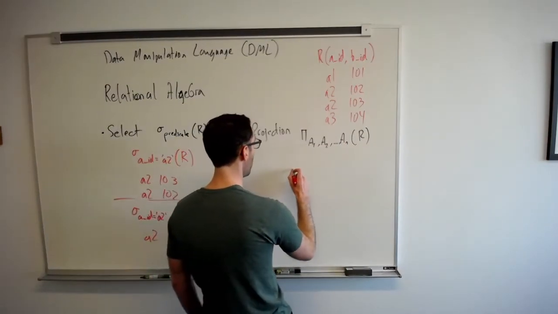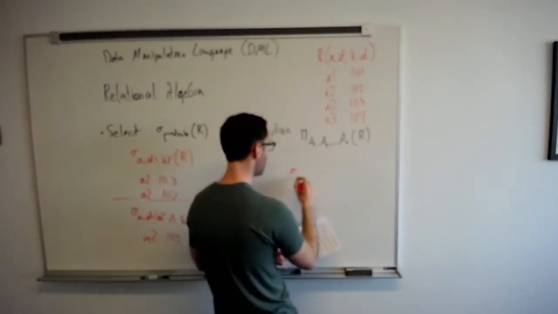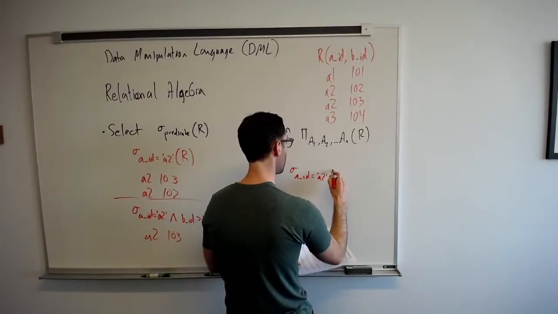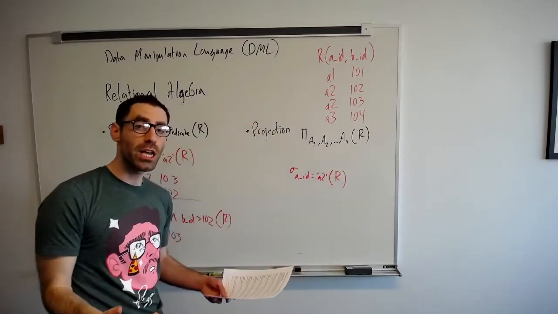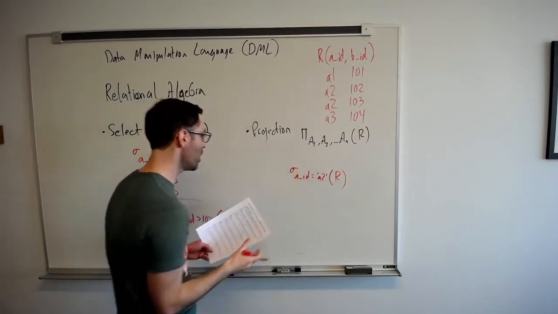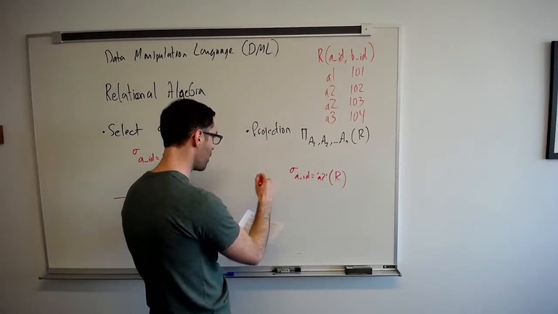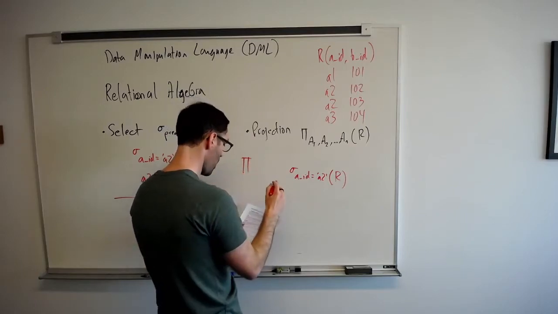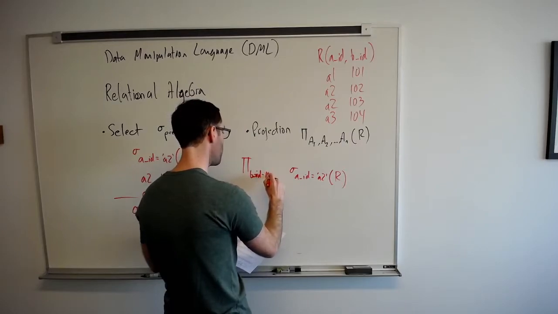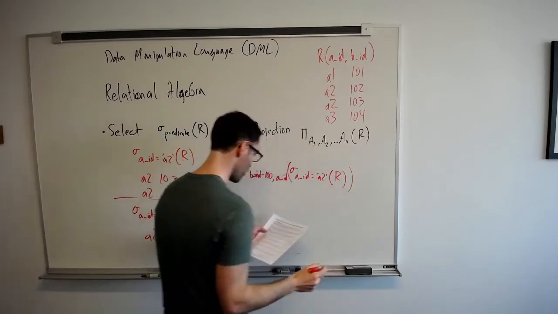If we have our select operator from over here, where we're saying select where AID is A2 from R. As I said, we can chain these relational algebra operators together, and we can say, well, take the relation, which we've seen is these two tuples that come out of this operator, and project BID minus 100, AID of this result.